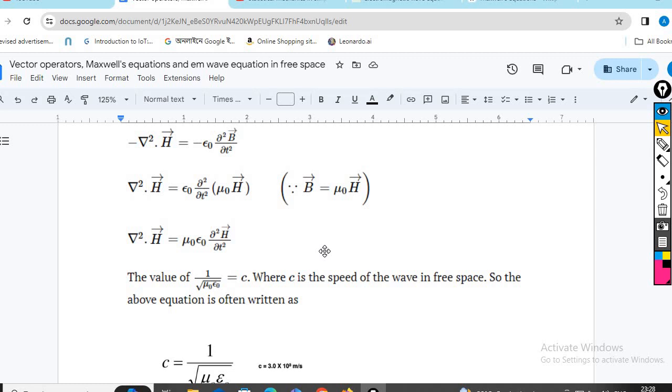From a number of experiments, Oersted's experiment, Faraday's experiment, we know that the magnetic field and the electric field will be in perpendicular directions to each other. One is electric field, another is magnetic field, both are vector quantities. So the energy of the light wave or EM wave will follow the resultant direction of these two vector components. So this is the basic idea about light waves.